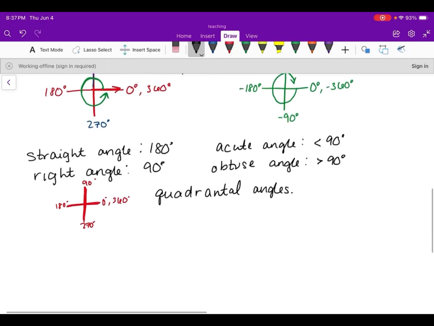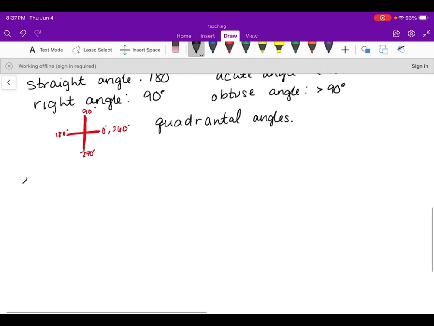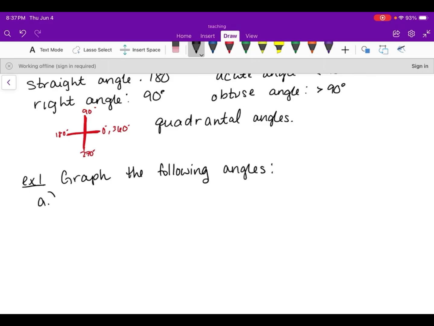Alrighty, let's go ahead and move to an example. So example 1, I want us to graph the following angles. Just do a little practice here. So part A, let's do 45 degrees.